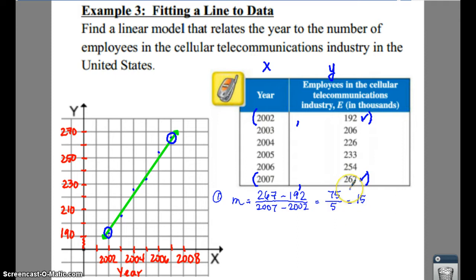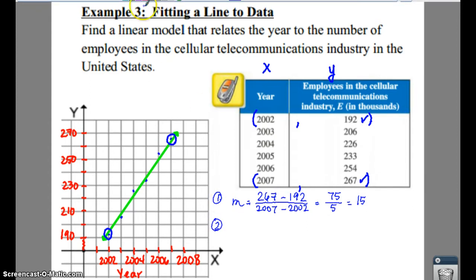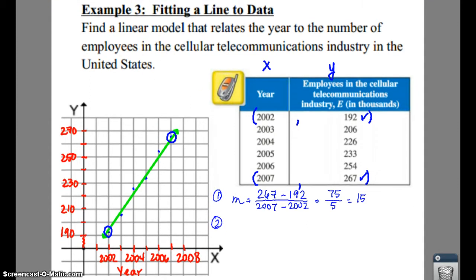Now for the rest of your equation, you can either use slope-intercept form, which is y equals mx plus b, or you can use point-slope form and solve it for y. I think that's going to be the easiest way. Point-slope form is y minus y1 equals m times x minus x1, where m is the slope we just found, and x1 and y1 is one of your ordered pairs.